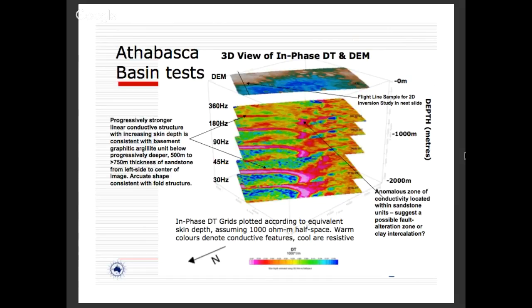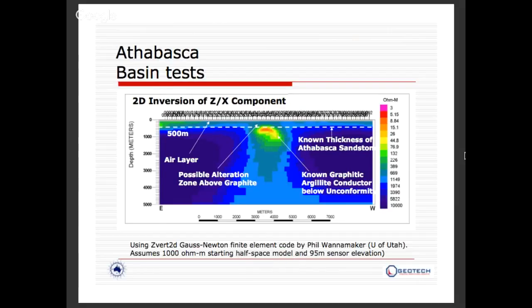And now we see at different frequencies how it goes deeper and deeper, and how the anomaly zone goes all the way deeper. This is the inversion from the data got on Zoom.